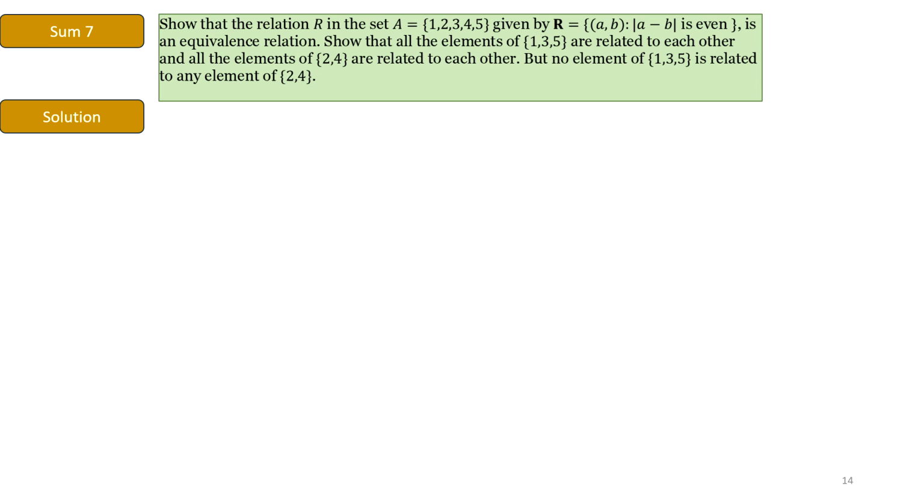Show that the relation R in the set A, where (a, b) is in R such that mod of a minus b is even, is an equivalence relation. For all a that belongs to A, mod of a minus a is equal to 0, which is even. Hence (a, a) belongs to R, and hence R is reflexive.